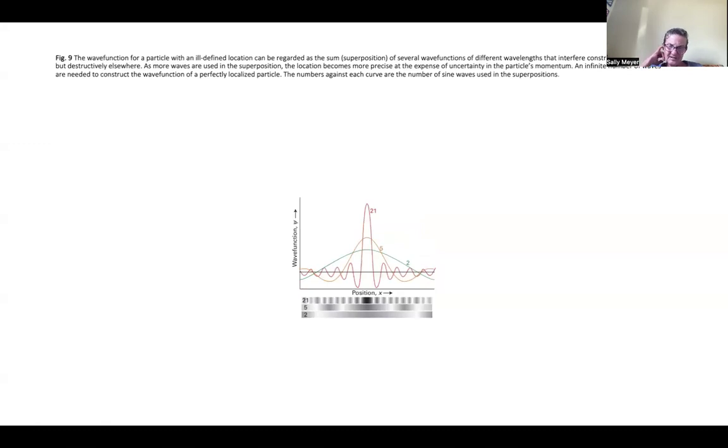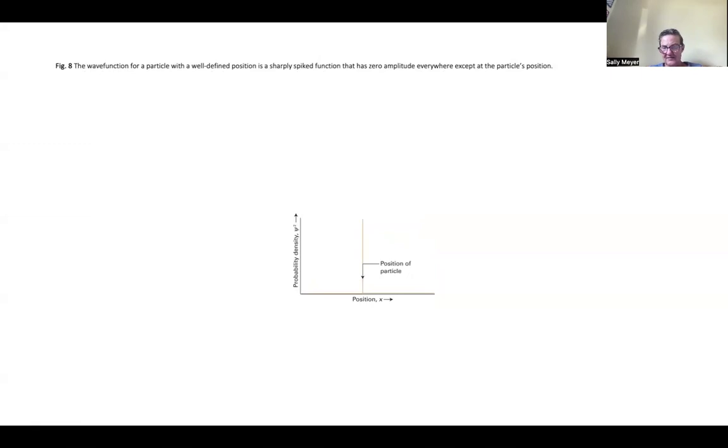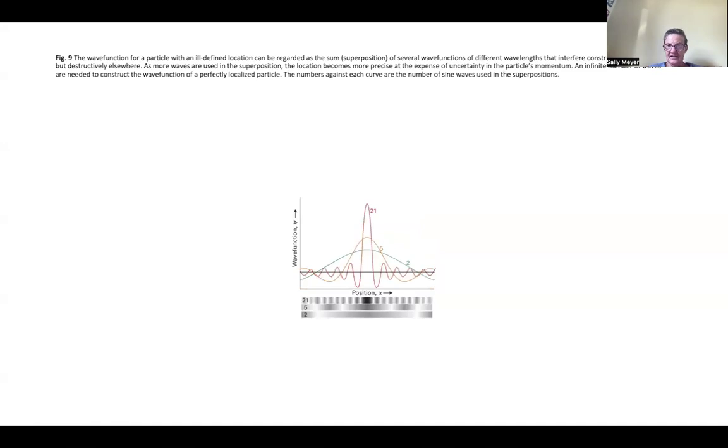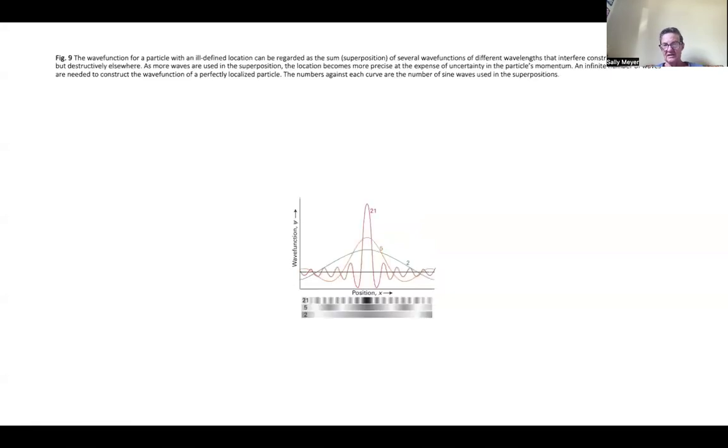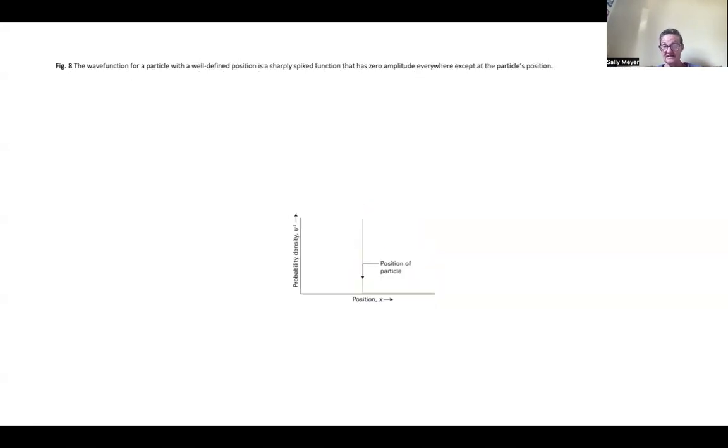That's what this is trying to show you, that if you know exactly where a particle is, then the only way you can get a wave function that says the particle has all of its probability right there is to add up a whole bunch of different sine functions. As you add more and more sine functions that have different wavelengths, you get a sharper peak, and it gets sharper and sharper until it looks like this.